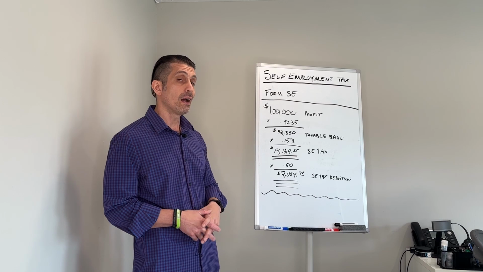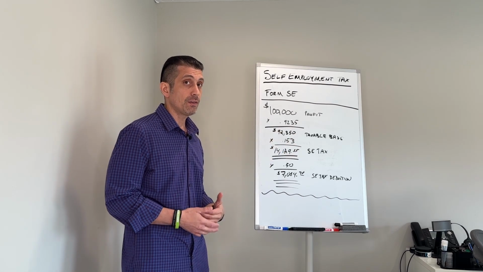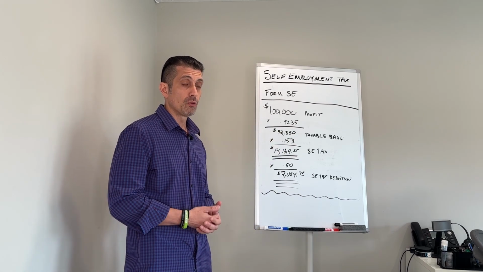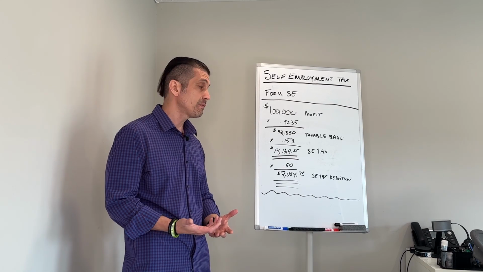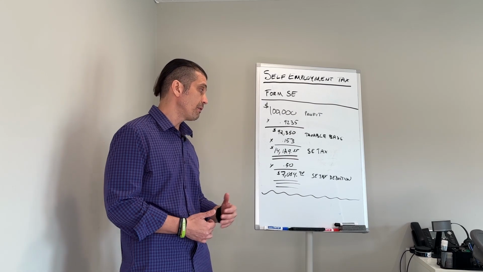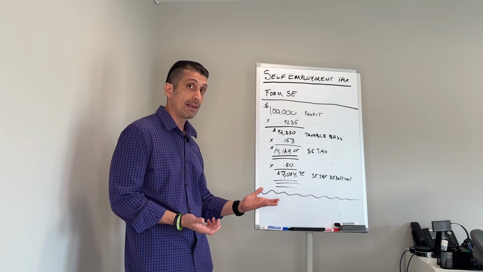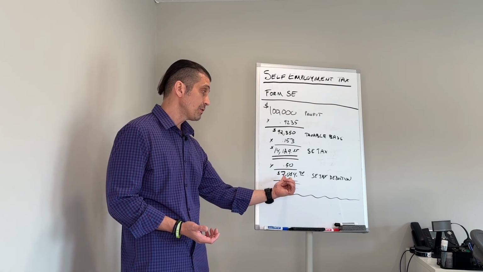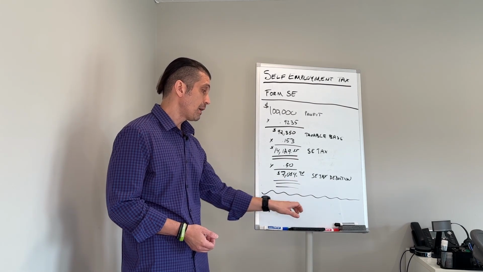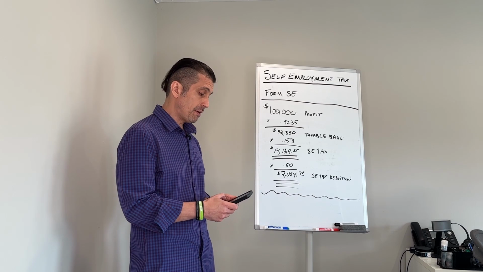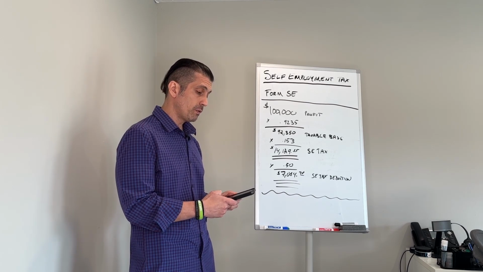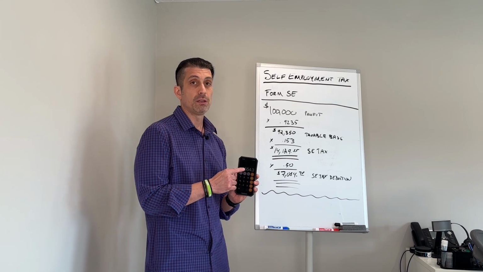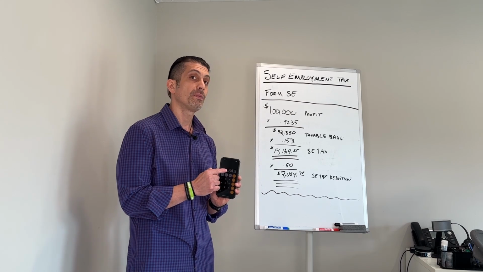So you are getting a deduction. The thing is that it's just a deduction. It's not helping you reduce your self-employment tax. It's only saving you a percentage of your income tax. So again, back to my example, if you're in a 22% tax bracket, the $7,065 would save me 22%. If I'm taking $7,065 and multiplying it by 0.22, that's going to save me only $1,500 in income taxes.